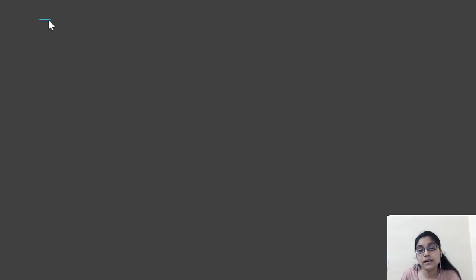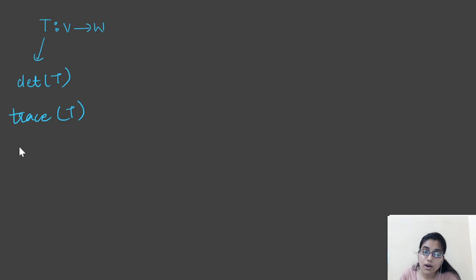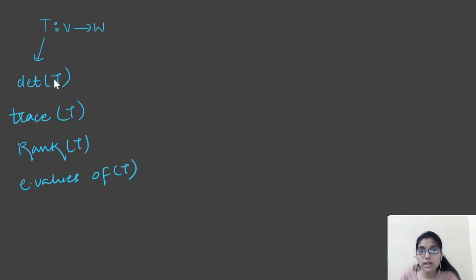Suppose this is T from V to W or V to V, anything, and somebody asks you to find the determinant of T, or the trace of T, or the rank of T, or the eigenvalues of T. What will you do? In the last class I told you it is a complicated task to go through the definition of the LT to find all these things.